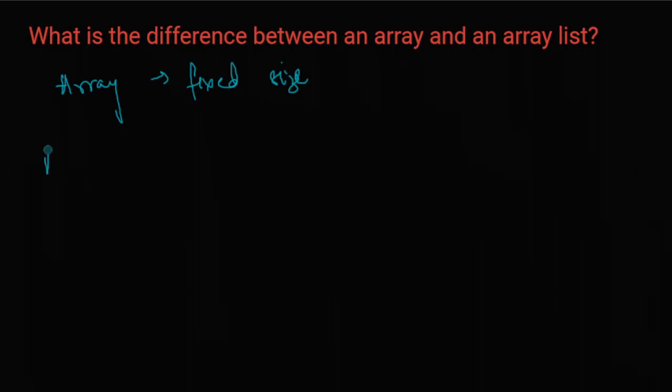And if you talk about array list, it's dynamic. Its size can increase and decrease dynamically. That's one of the best advantages of using ArrayList. If you don't know how many elements you need, or how much space is required, you can do the same. You don't need to specify the length. That's an important thing of array and ArrayList.